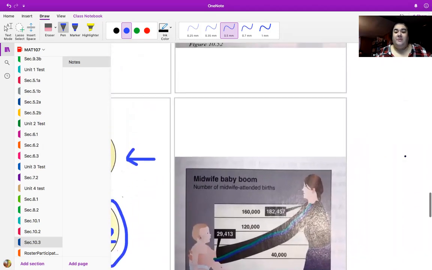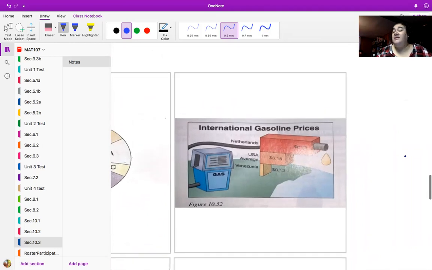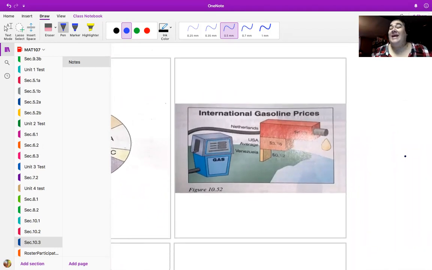If you look here, this is what's called a pictorially enhanced graph, okay? You'll notice that this is supposed to tell you about the international cost of gasoline prices. And here we have Venezuela, okay, at 12 cents. Here we have the average US cost of $3.18.